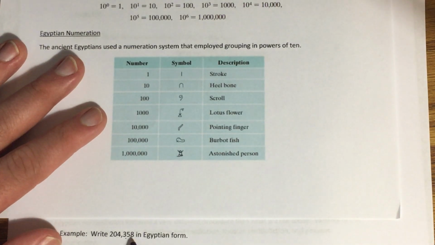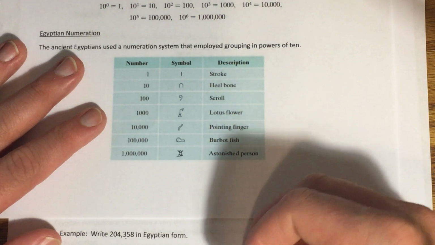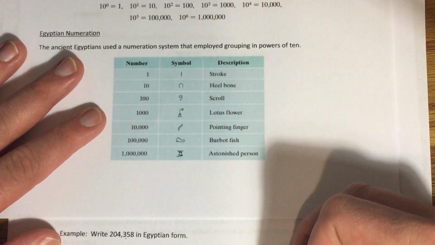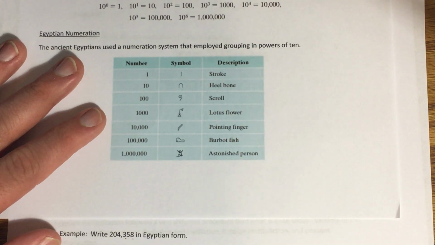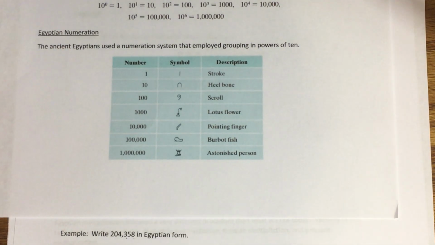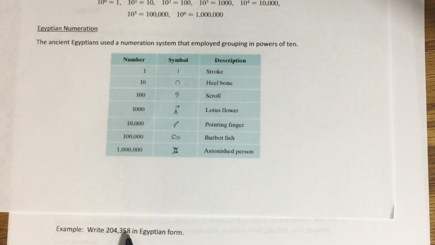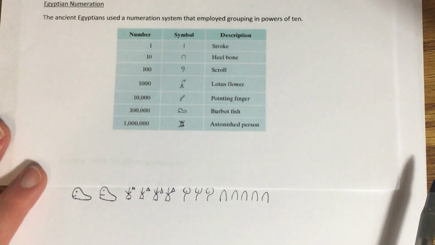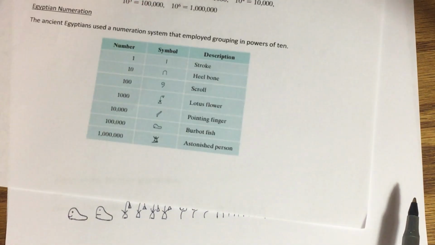And then what else do we have? 5 in the tens place. Those are the heel bones. 1, 2, 3, 4, 5. 8 in the ones place. Now I'm going to do something here. So sometimes when we have larger digits, that can correspond to a lot of those symbols that we're trying to write out. So sometimes we stack them.